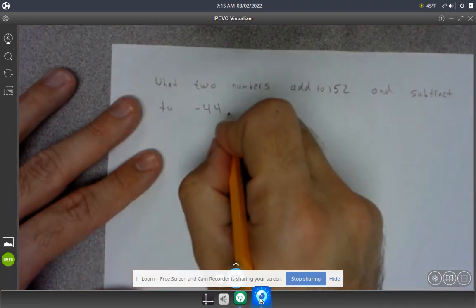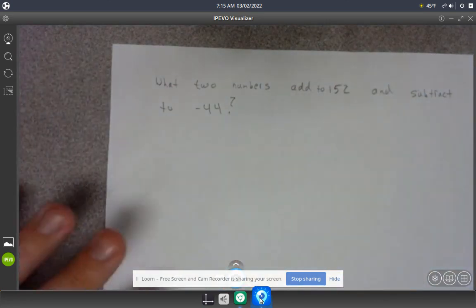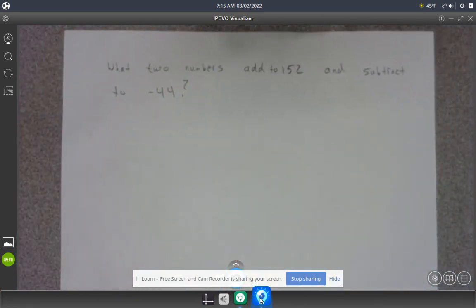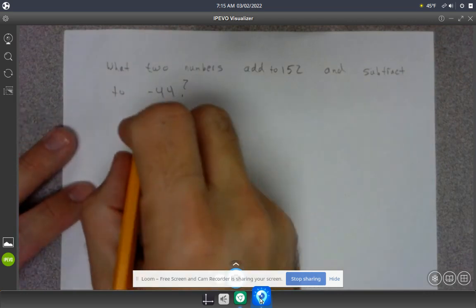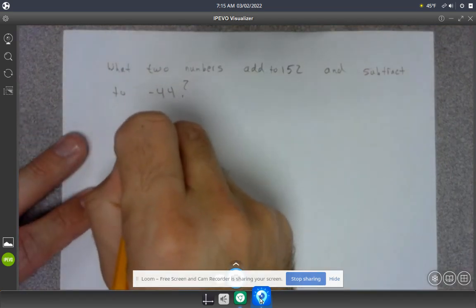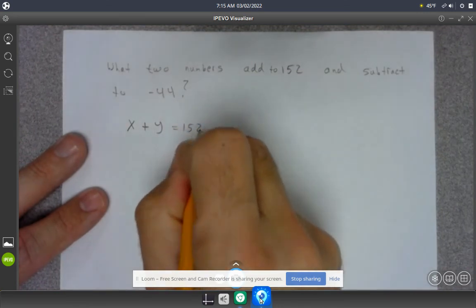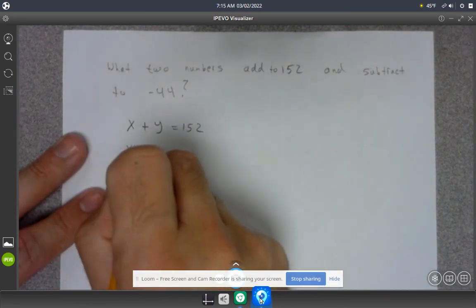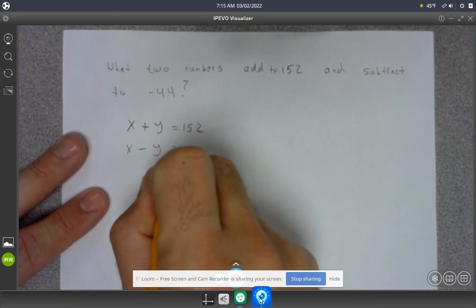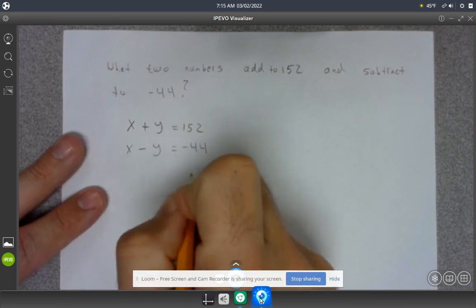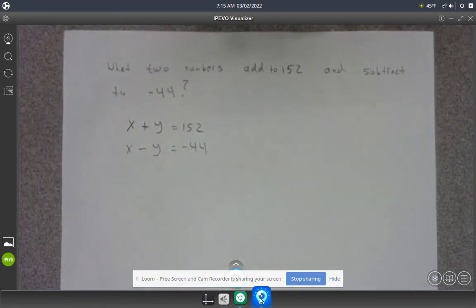Yep. So I want to find a pair of numbers that will add up to 152, but when you subtract them, they give you negative 44. So you'd want to write a system of equations to represent this first. They add up, so I'll say x plus y equals 152, and then they subtract, x minus y equals negative 44. All right.